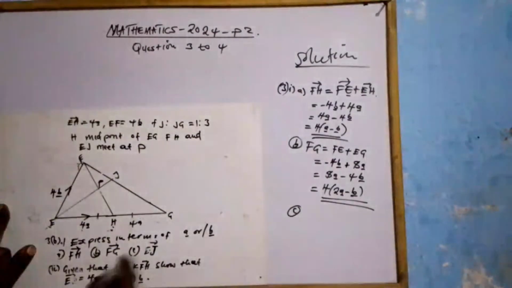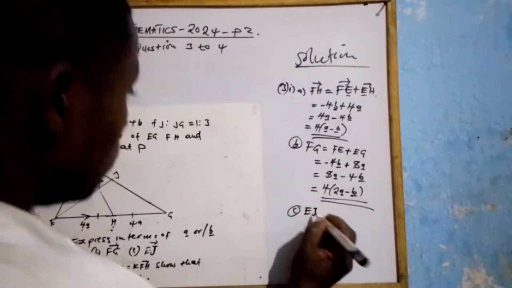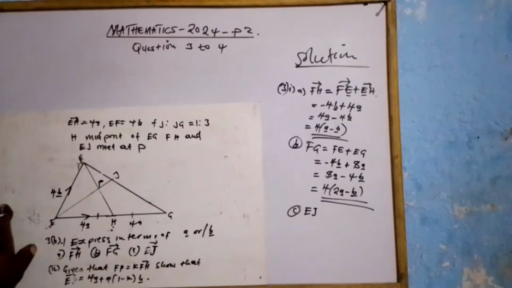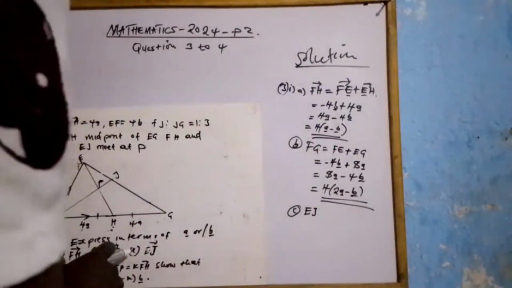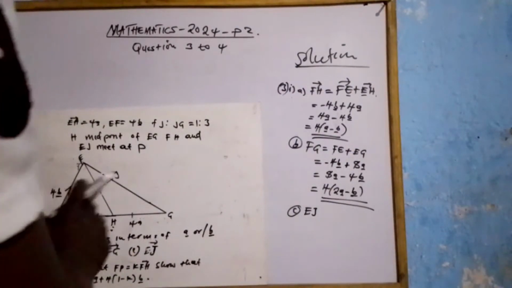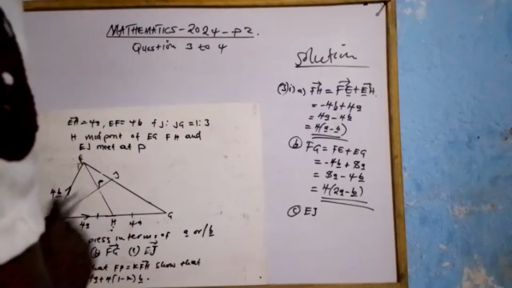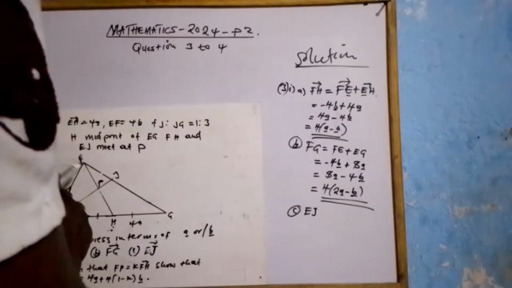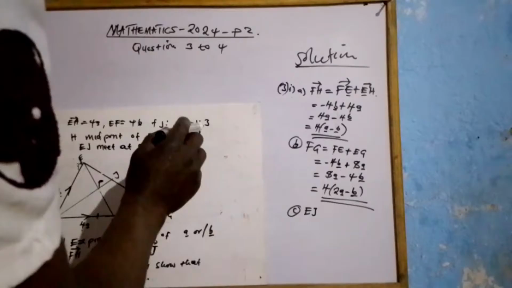So now let's move on to C. They are saying it is EJ, which means, for us to arrive at EJ, we can say EF plus half of, we follow the ratios now.